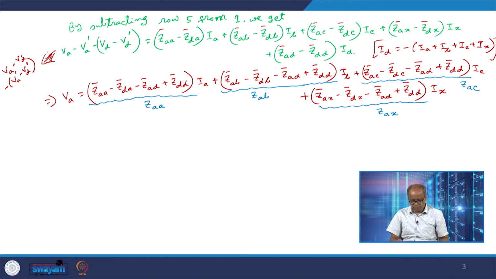So all these impedances are now without any overbar, and these impedances are expressible in terms of the primitive impedances.